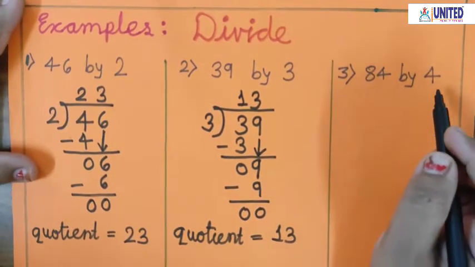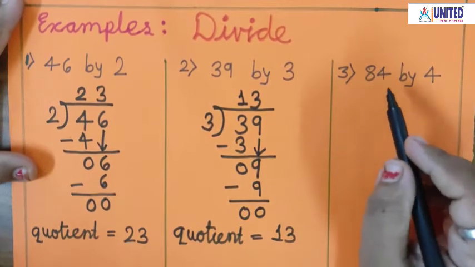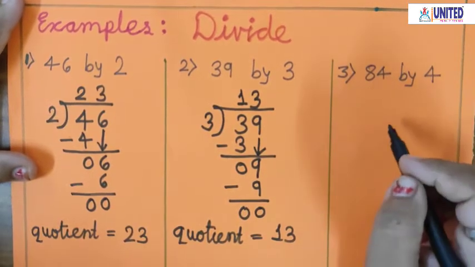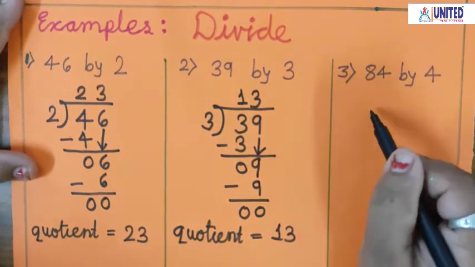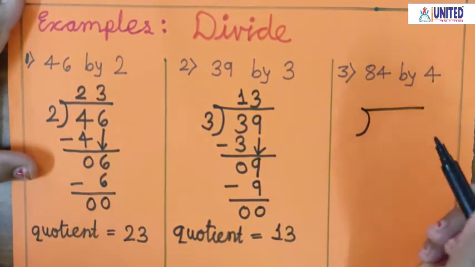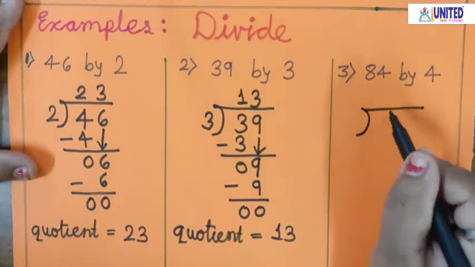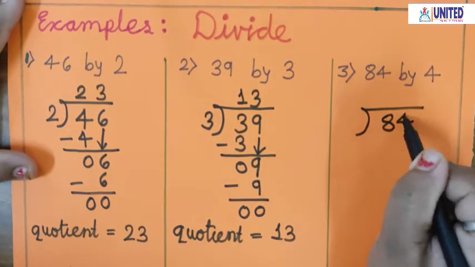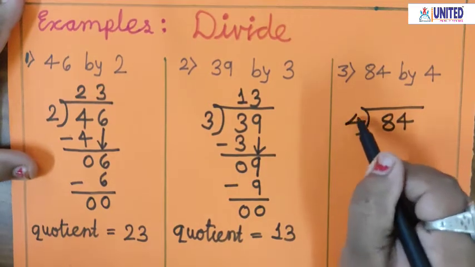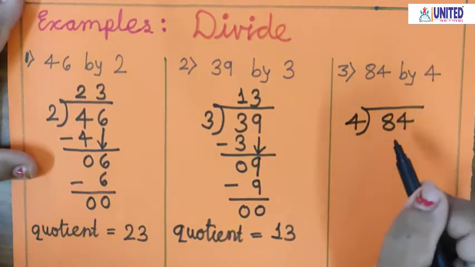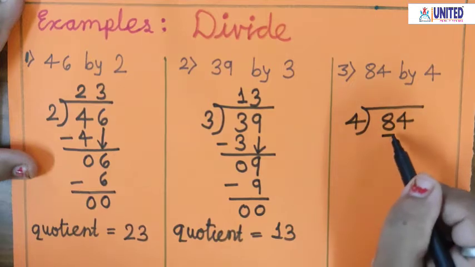Now let us see the number 3. 84 by 4. That means 84 is divided by 4. Right? So 84 is the dividend and 4 is the divisor. So again it is arranged in the long division sign. 84 is the dividend, so we write it inside, and 4 is the divisor, so we write it outside. Okay, now let's check the first number.